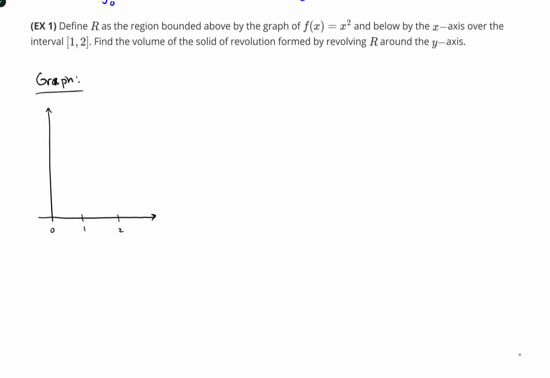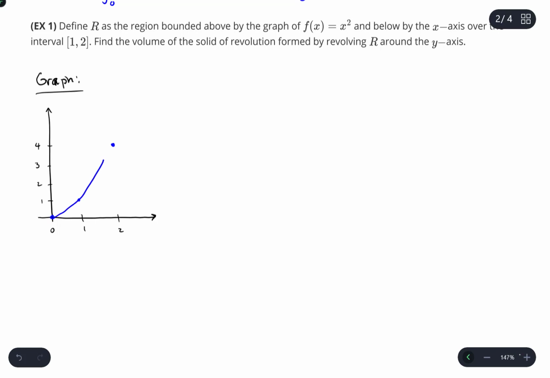And since it's squared, let me make this a little bit smaller. 1, 2, 3, 4. Okay, so f of x equals x squared would have 0, 0, 1, 1, 2, 4 as part of it.